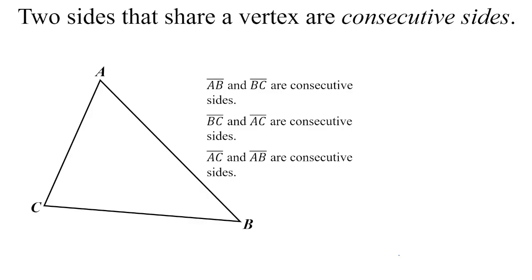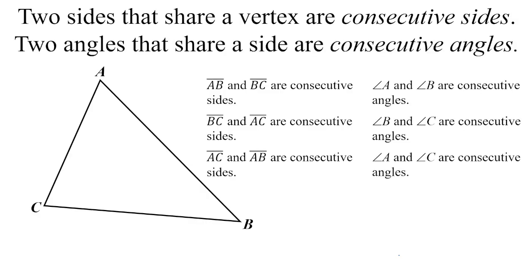So not only sides can be consecutive, angles can be consecutive as well. If two angles share a side, they are consecutive. So angle A and angle B are consecutive angles because they share segment AB as a side.